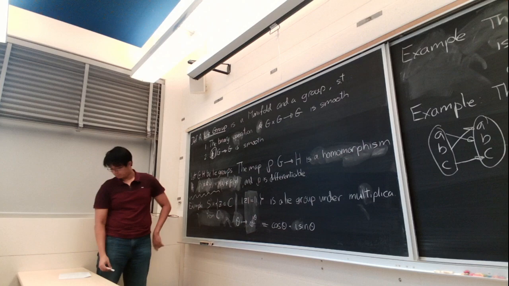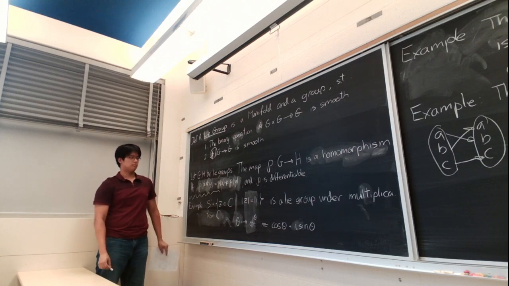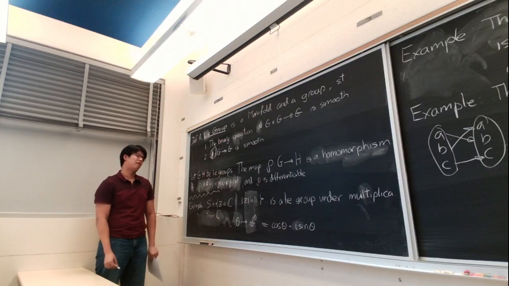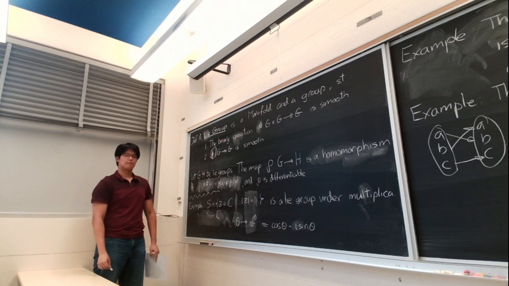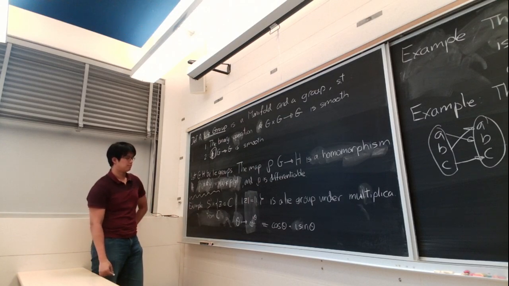So this choice of chart is actually a group homomorphism from R to S1, and I just restrict it to an open set to make it invertible. The stereographic projection is not a group homomorphism. It doesn't do that nicely. This kind of thing is a group homomorphism and also a chart, so it's great.